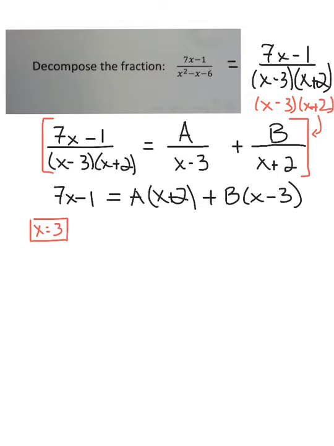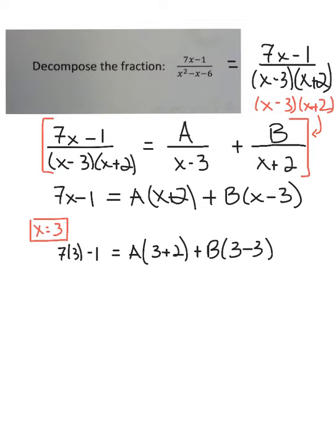Okay, so I'm going to start with 7 times 3 minus 1 equals a times, there I see an x, so I'm going to put in 3 plus 2, plus b times, I see an x, I'm going to put in 3 minus 3.